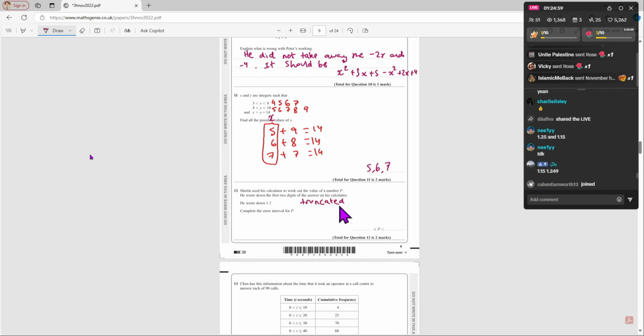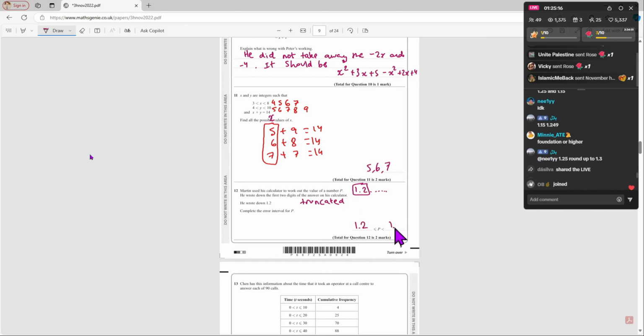What this means is that the answer was 1 point something something, and he just took this 1.2 value and wrote it down. So what are the values of p? It's going to be between 1.2 and 1.3. Remember, he truncated this. He didn't round this.